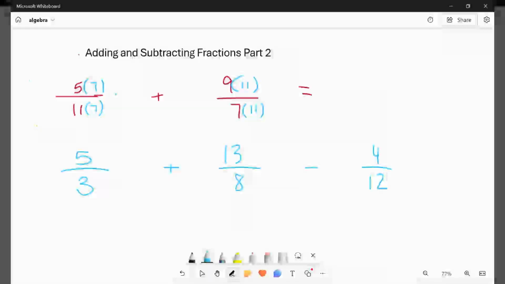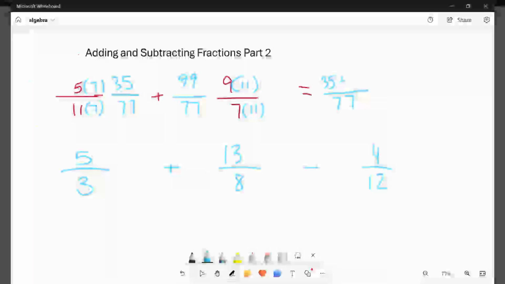So this fraction now becomes 77 on the bottom and 35 on top. And this fraction also has 77 on the bottom and 99 on the top. Now we can easily combine these by putting 77 on the bottom, and then we have 35 plus 99.